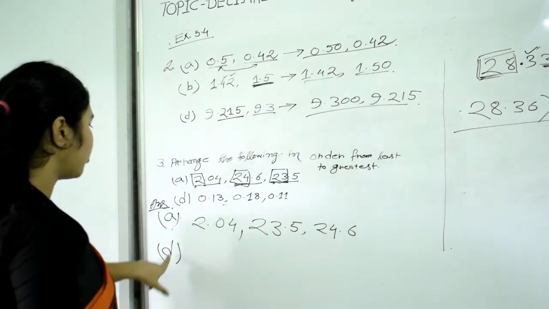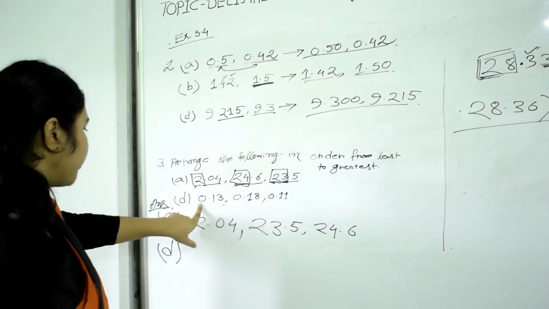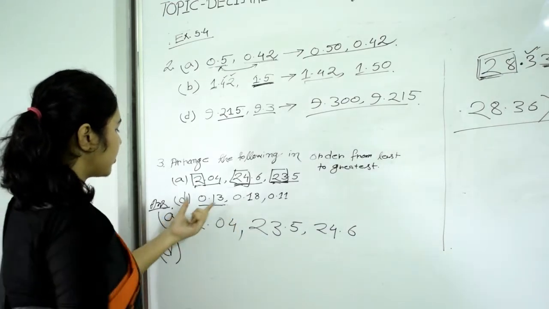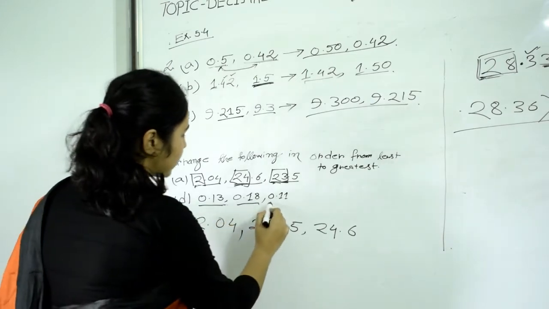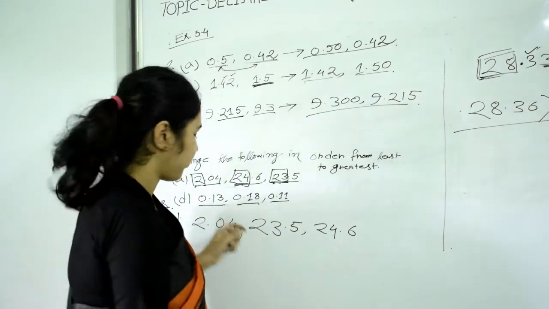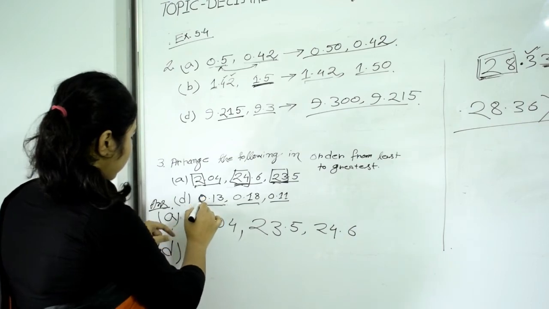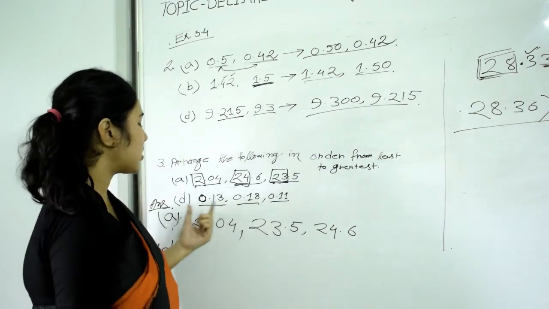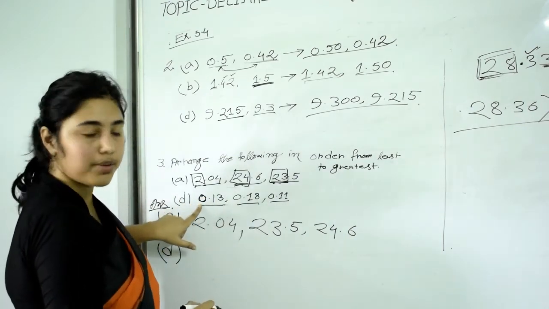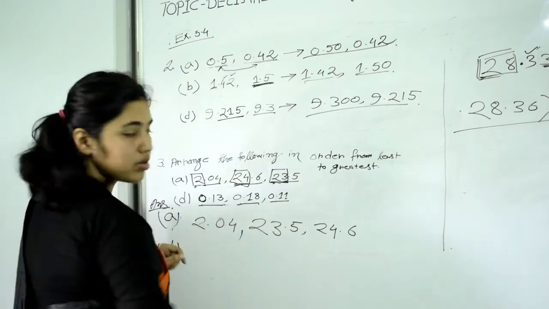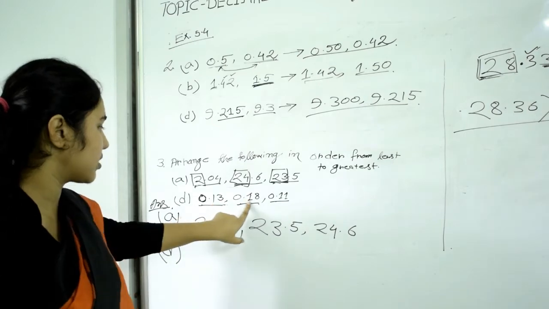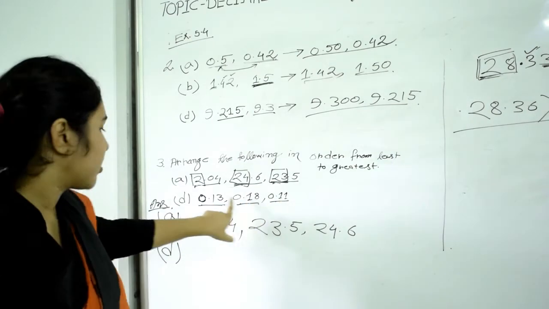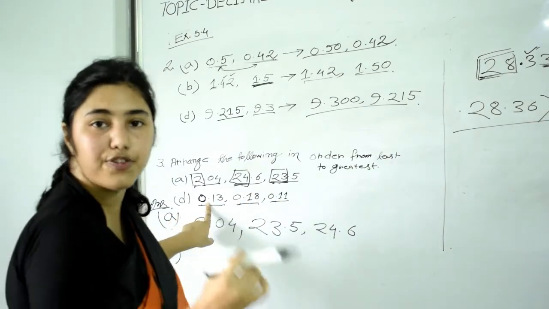And now come to question number D. Here we have 0.13, 0.18 and 0.11. All these numbers, the whole number part is 0, right? So next compare the 10th place, which means after the decimal point the first place.